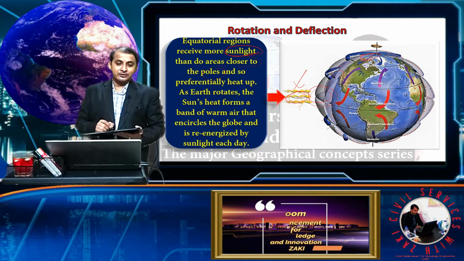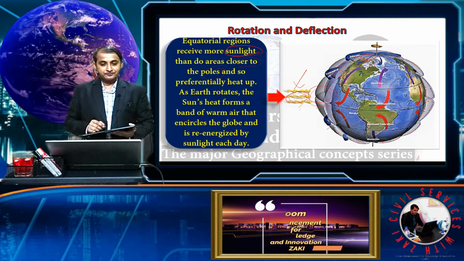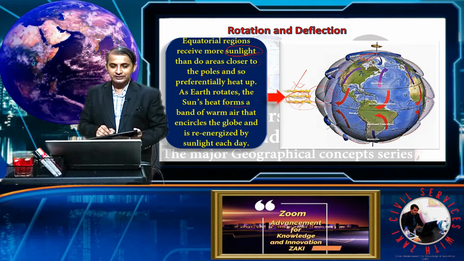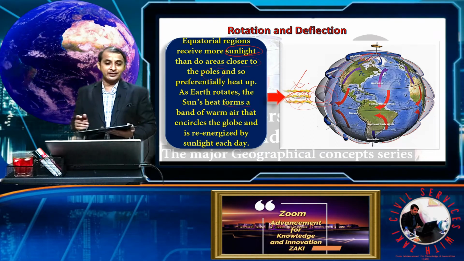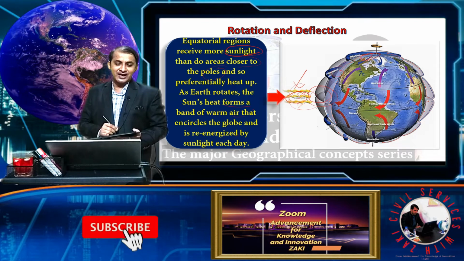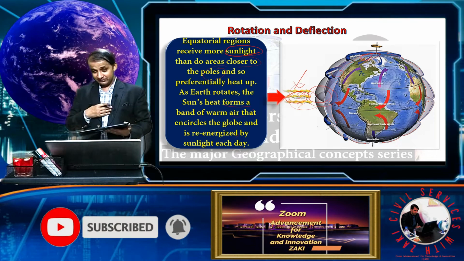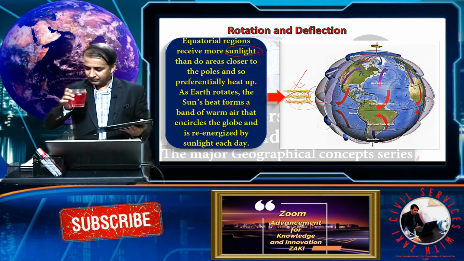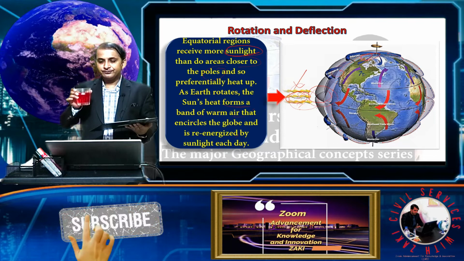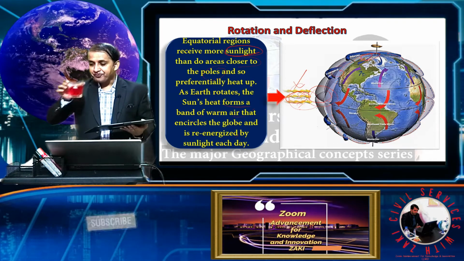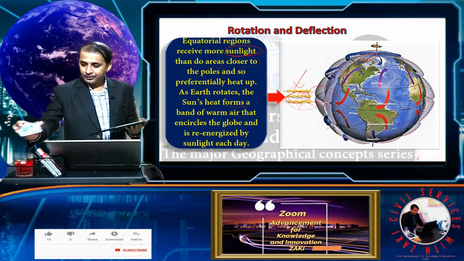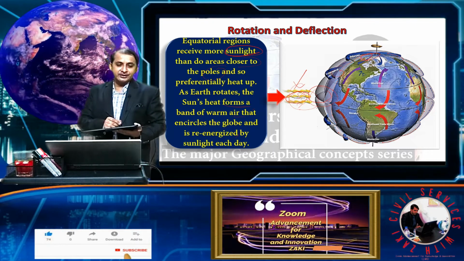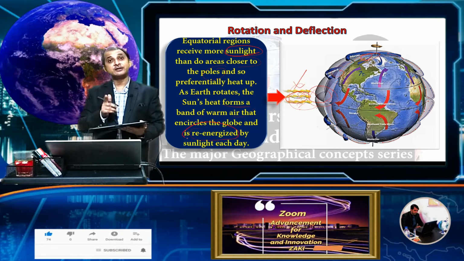As we know, the earth rotates, and the sun's heat forms a band of warm air that encircles the globe and is re-energized by the sunlight each day.